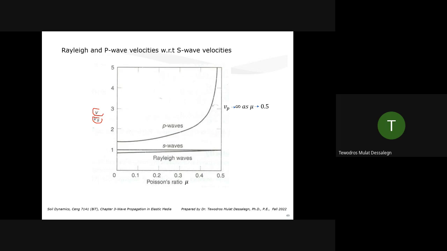You can see the Rayleigh wave is close to the S wave. And as the Poisson's ratio increases, you see it's almost getting identical. That's why the Rayleigh wave is about 90% of the S wave. And then we know that the P wave is much larger than the S wave, higher speed.